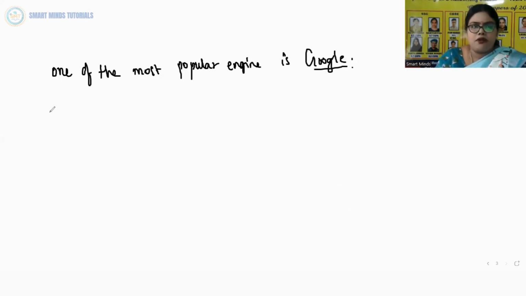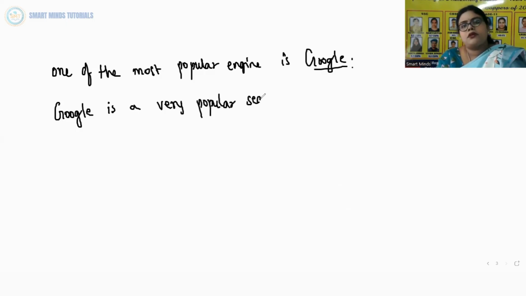And for the second one, the output would be: Google is a very popular search engine. So this is how we can link our web page to other web pages.